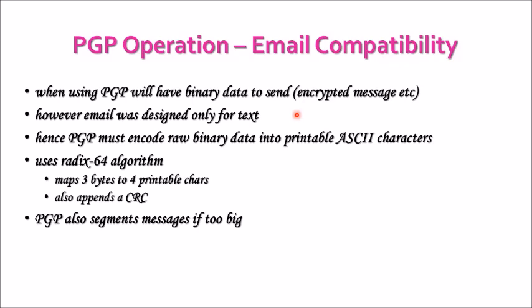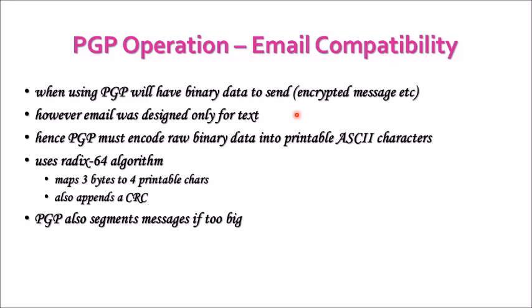However, many electronic mail systems only permit the use of ASCII text. To accommodate this restriction, PGP provides the service of converting the raw 8-bit binary stream to a stream of printable ASCII characters. It uses radix 64 conversion, in which each group of 3 octets of binary data is mapped into 4 ASCII characters.